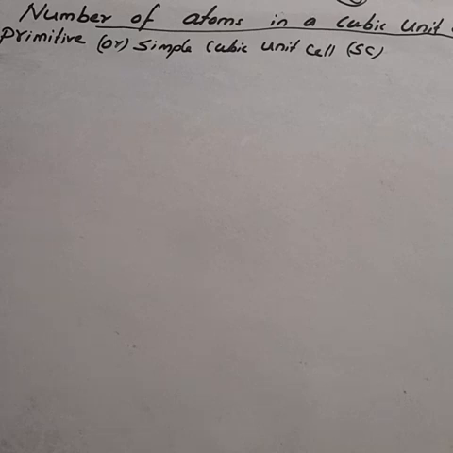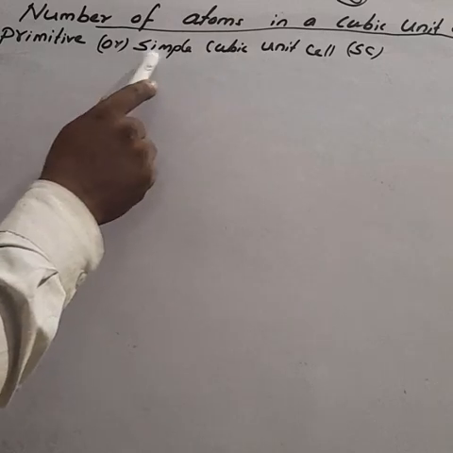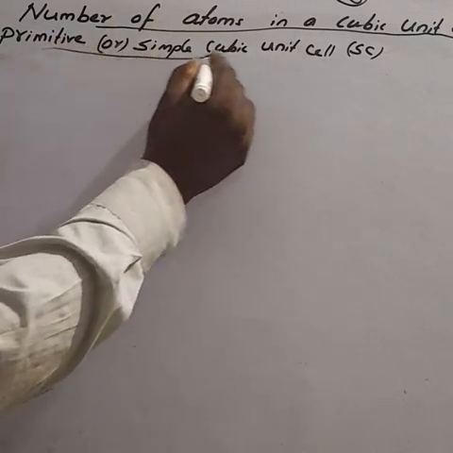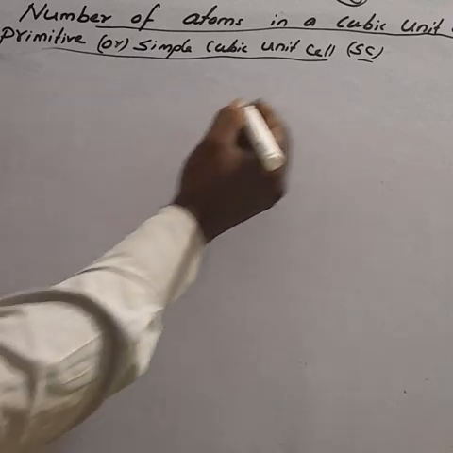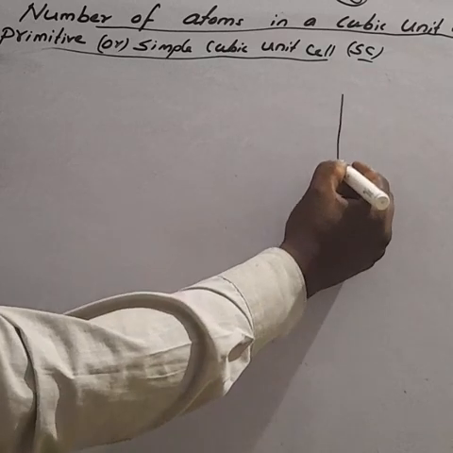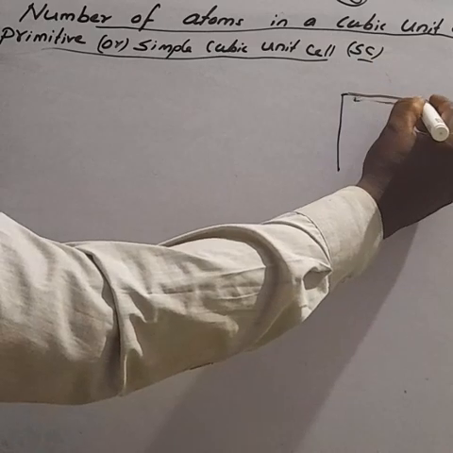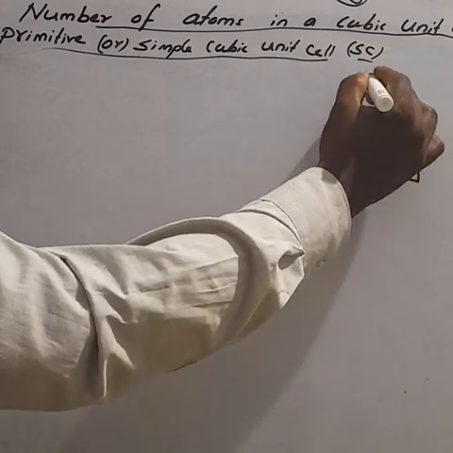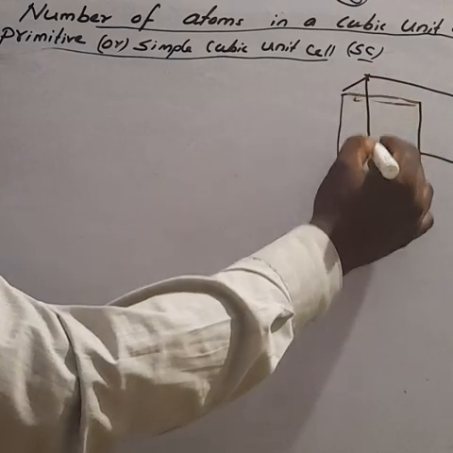One is the primitive or simple cubic cell, which can be called SC. First, I am going to draw one simple cubic unit cell. This is one simple cubic unit cell.